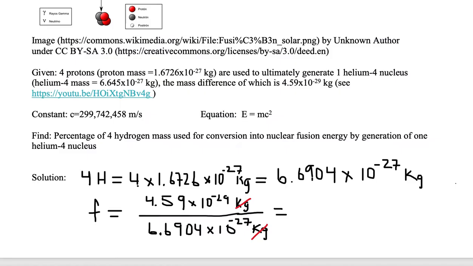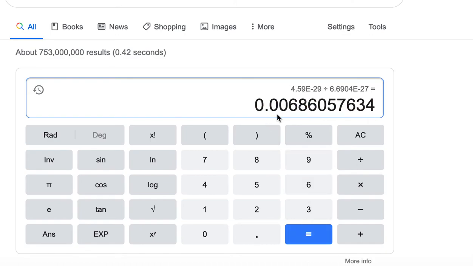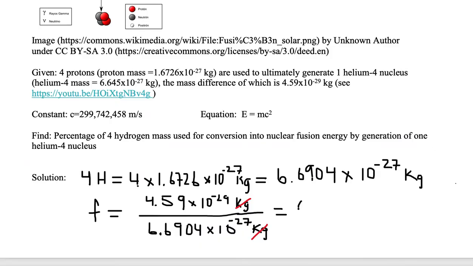Let's check. That's 10 to the minus 27th. So we hit equals, and we have a value of 0.00686.